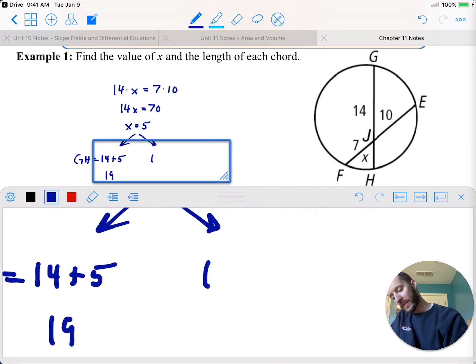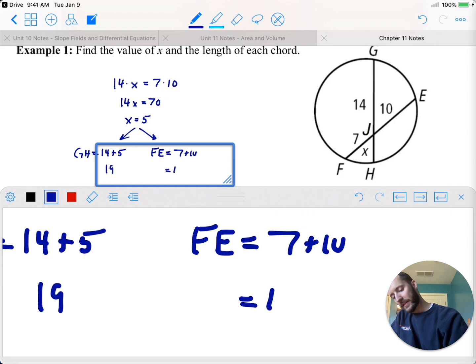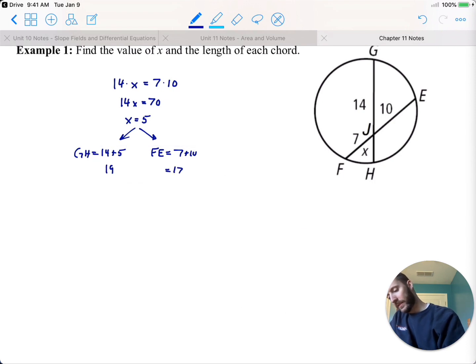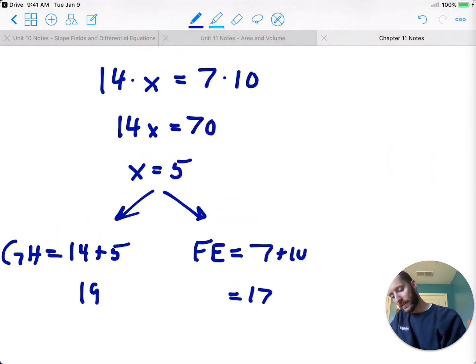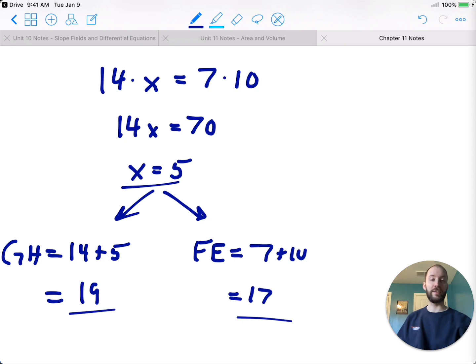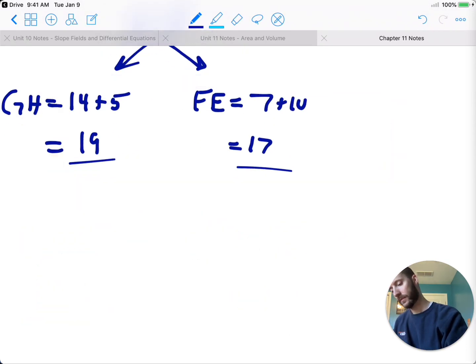We have FE, 7 plus 10 to give us 17. So we have our three answers. These chords won't necessarily be congruent, so you're not looking for that relationship. Alright?